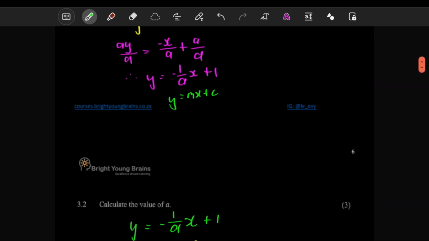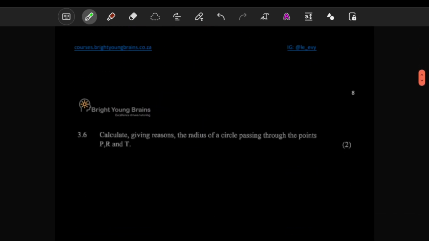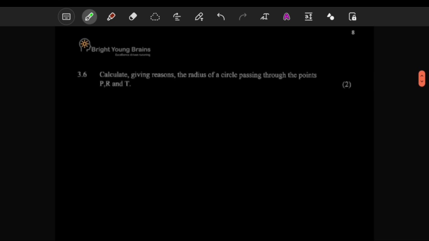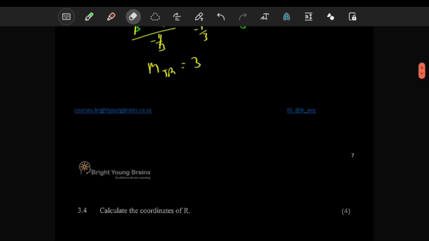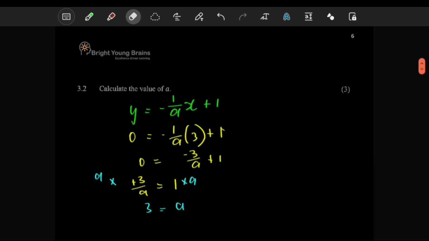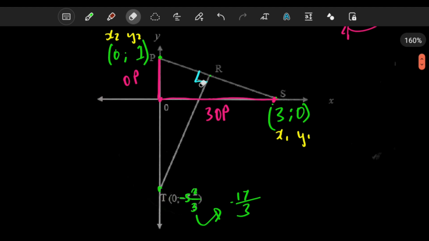But anyway, this is all worth that question. Now we need to get the coordinates of R. This one is quite simple, because R is the point of intersection of SP and TR.